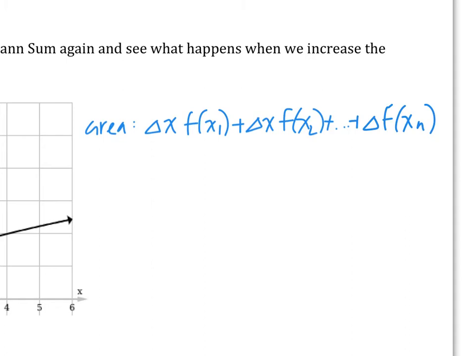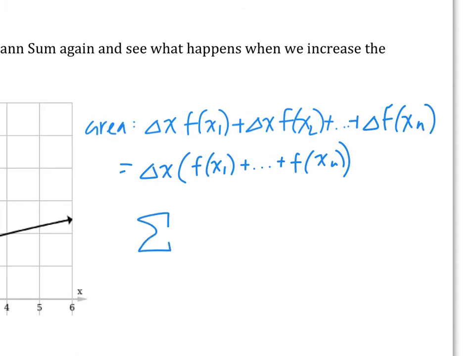And we're really just adding up all of these things. So we can take out that delta x and you're just adding up all of your heights. Another way to say adding up all those numbers? Sum.